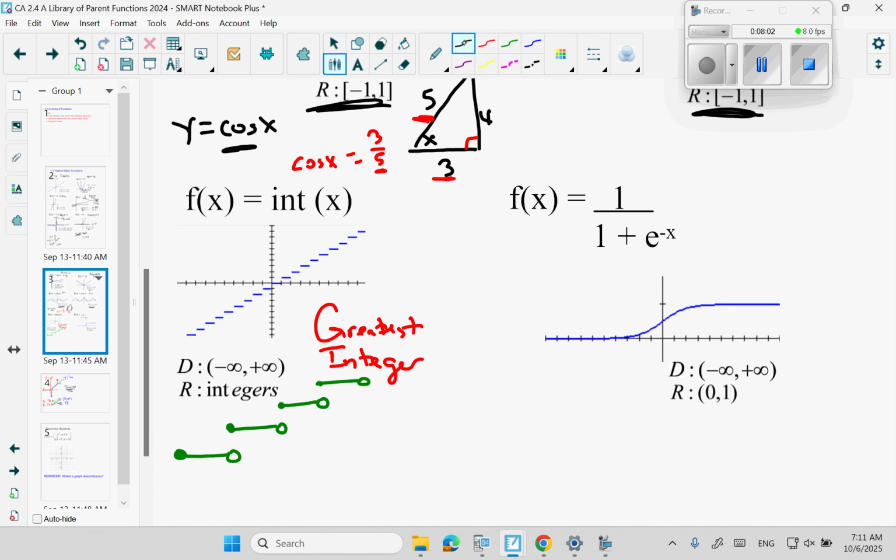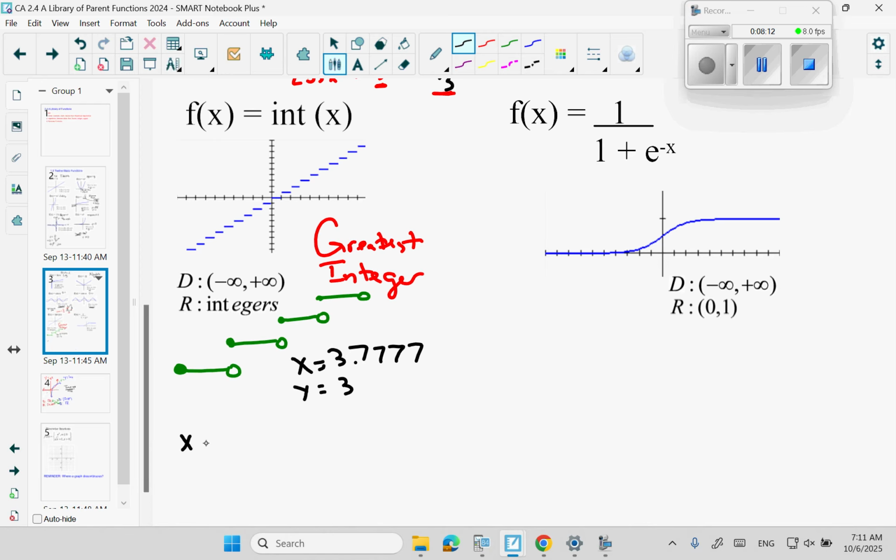Here's also how it works. Let's say x is 3.7777, then the y value is 3. Let's say x is 4.128, y is 4, and let's say x is 3.999999, y is 3.